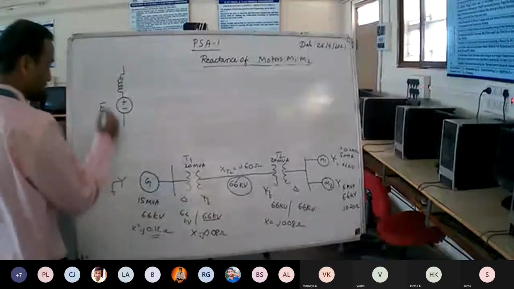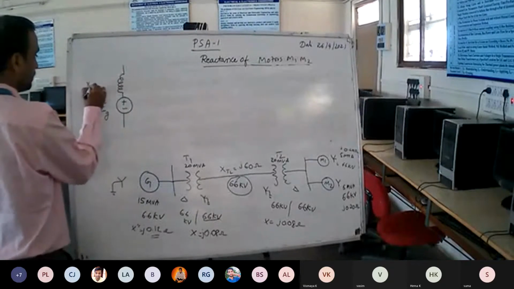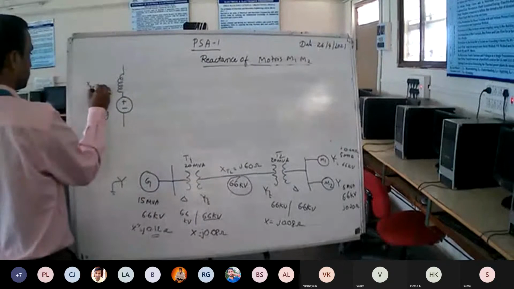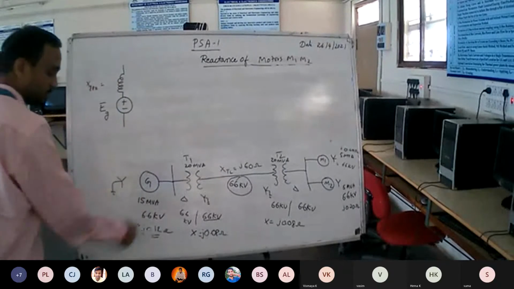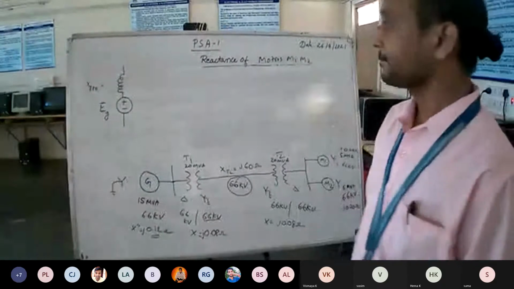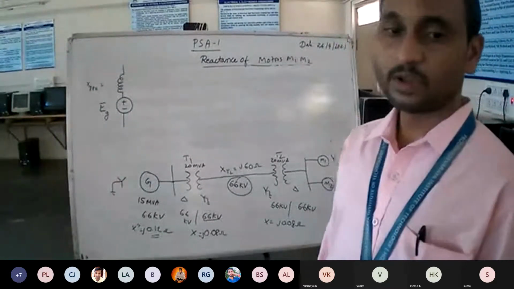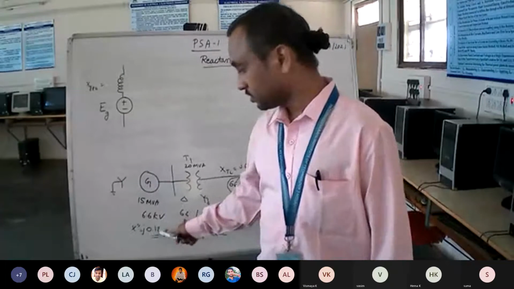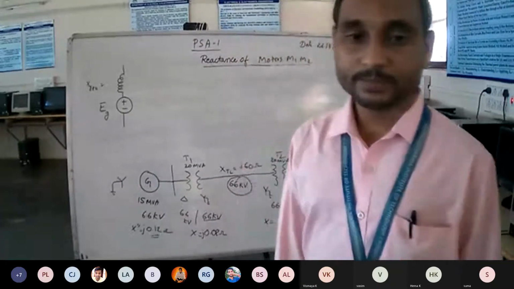So what is the generator reactance Xg per unit? How much did you get for the generator? You have calculated it first. It is the same, 0.12 per unit, right?